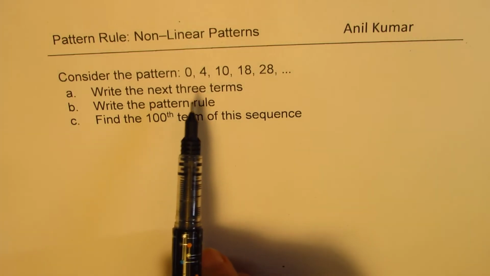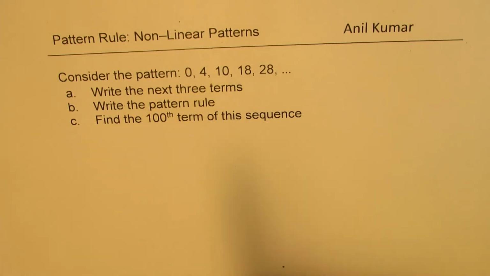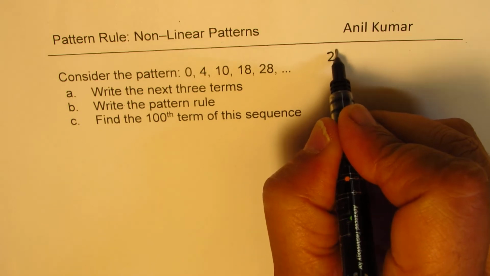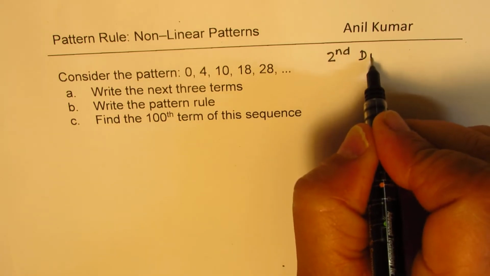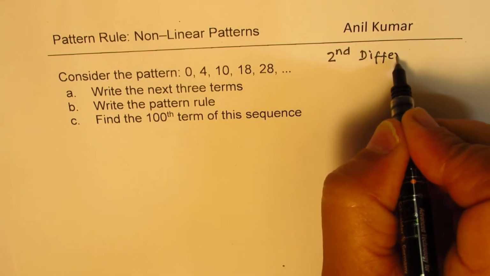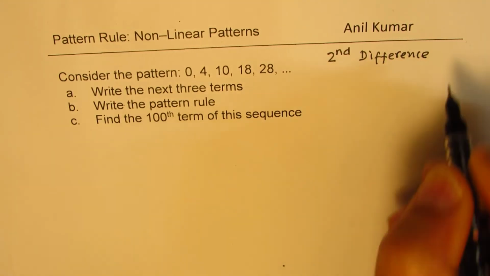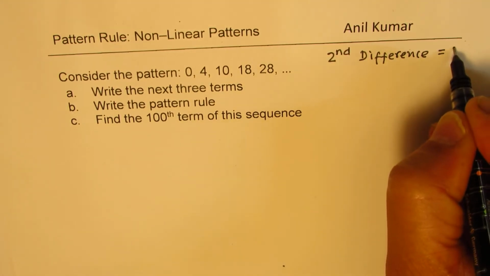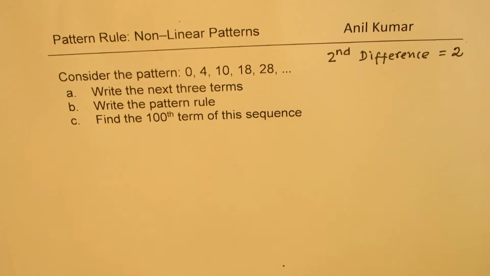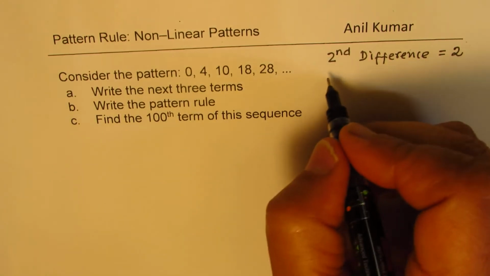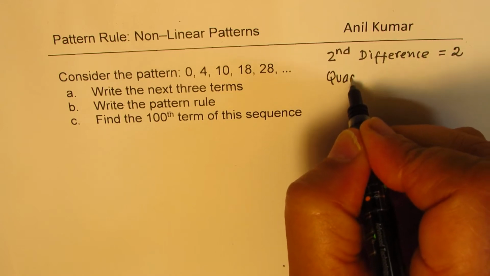So in the first half, we have seen in this particular pattern, the second difference is constant. And it is equal to 2, right? So the second difference is constant, it is equal to 2. And that means we have a quadratic relation.